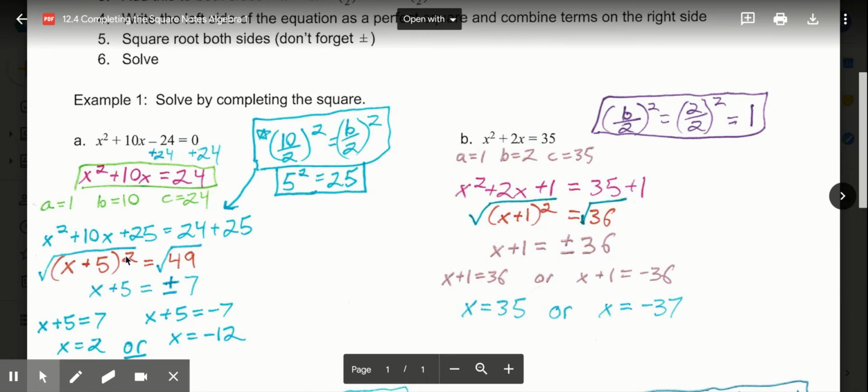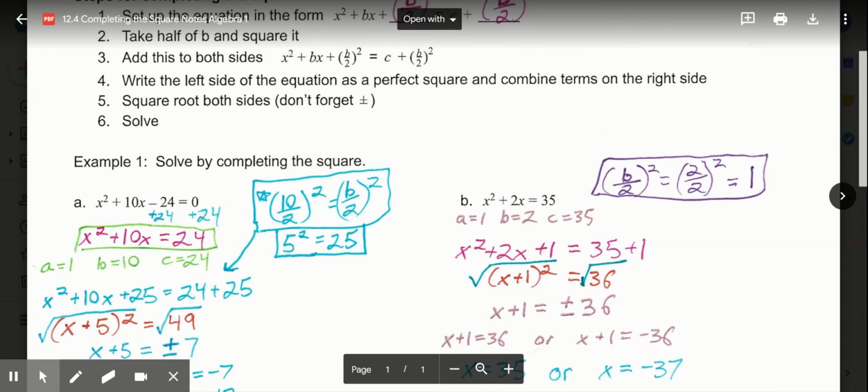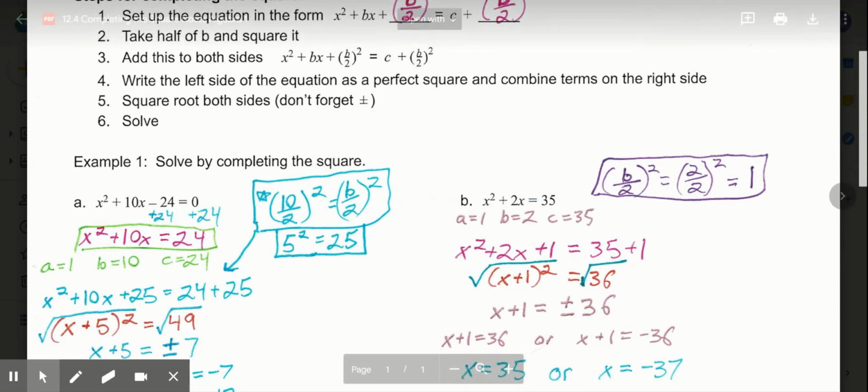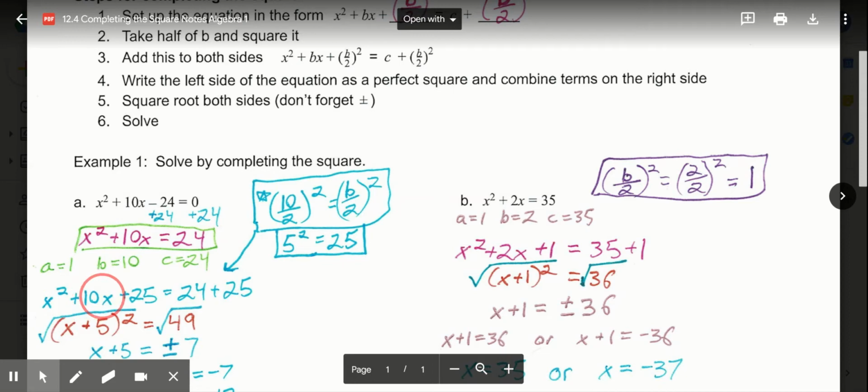Because then if we would FOIL that, it would become x squared plus 10x plus 25. So when it says write the left side of the equation as a perfect square, we're always going to have a perfect square trinomial that we can write as a binomial to the second power.